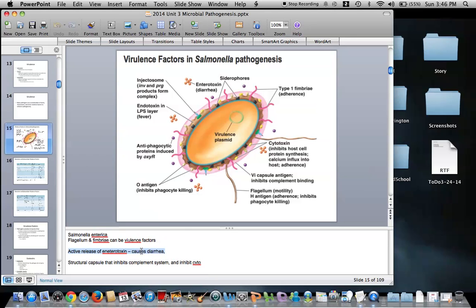It actively releases enterotoxin, and this causes diarrhea. So this is the disease you get if it has the virulence factor. And this capsule around it is meant to mess with the complement system of the immune system. Essentially, they have a bunch of anti-phagocytic stuff on them.